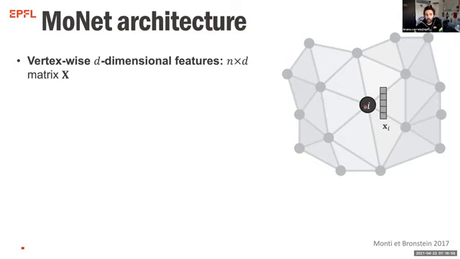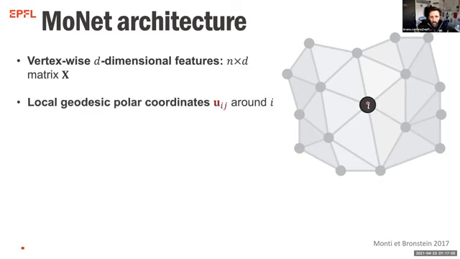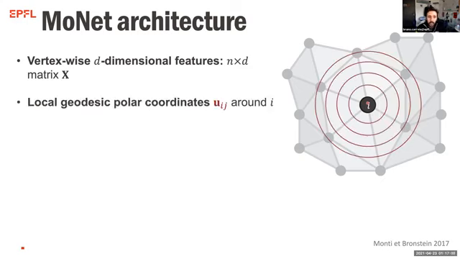And in each node, we're going to have several features. I will tell you what they are. Right now, I'm going to keep it very abstract, but you can have vectors of features in each one of these nodes. And you will apply local geodesic polar coordinates in this case, where you define which radius you want to reach around this mesh.